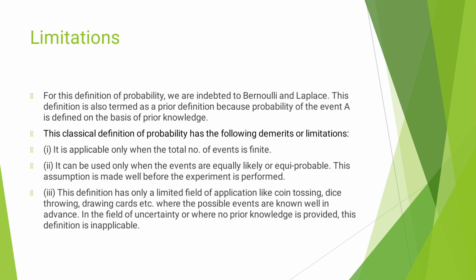First, it is applicable only when the total number of events is finite. Second, it can be used only when the events are equally likely or equally probable. This assumption is made well before the experiment is performed.